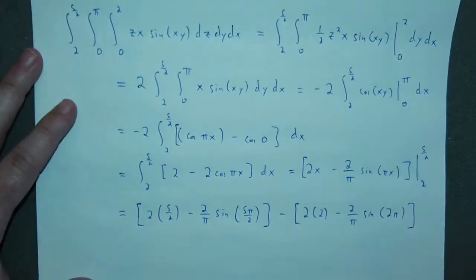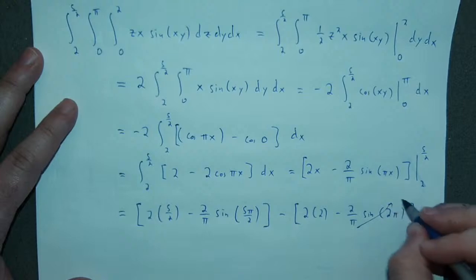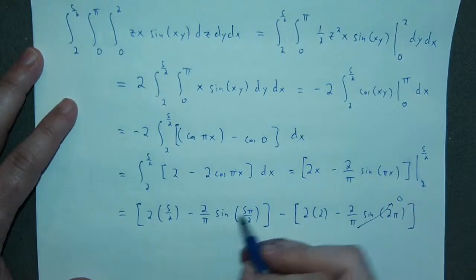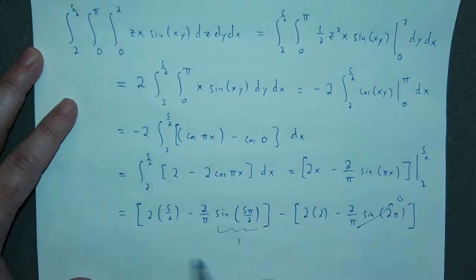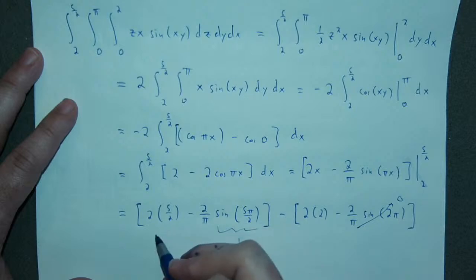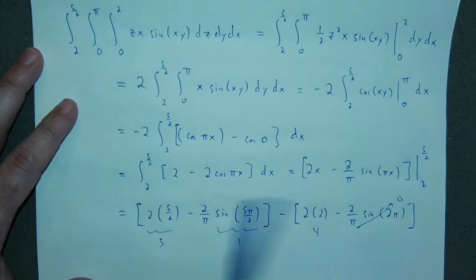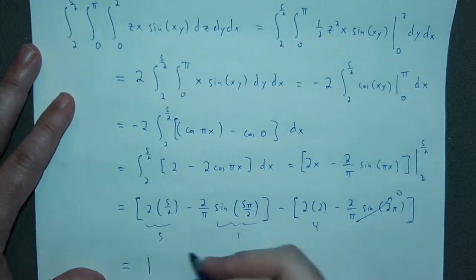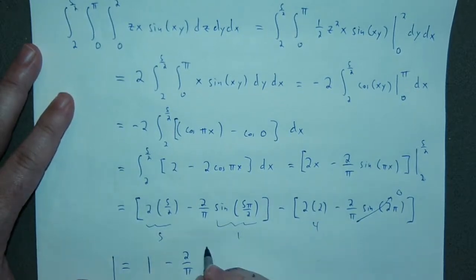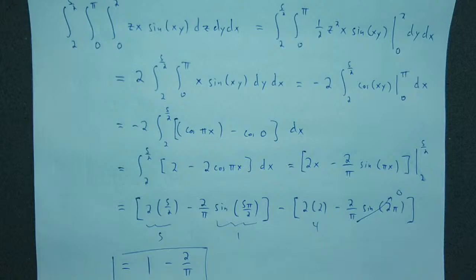Let's be careful here. Sine of 2 pi is 0, so that's cool. This is 1. This is 2 times 5 halves, which is 5, and this is 4. So I have 5 minus 4 minus 2 over pi, so that's 1 minus 2 over pi. And that's as simple as we can make that look, so that's that.